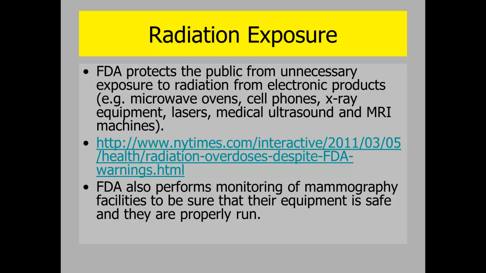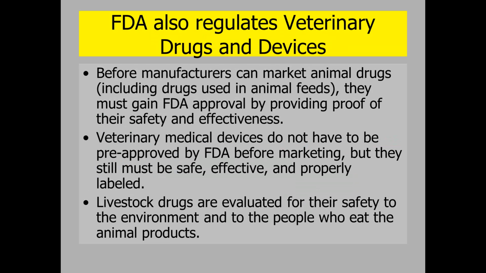And those individuals wound up with too much radiation to their brain. So the FDA basically shut down my local hospital from irradiating people with too much radiation. The FDA also monitors mammography facilities to make sure their equipment is safe and that they're properly run, because mammography exposes you to some radiation.